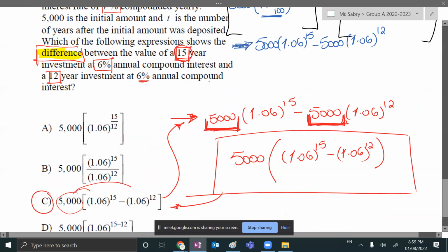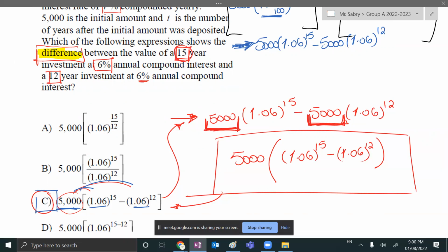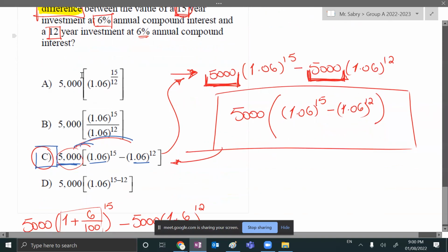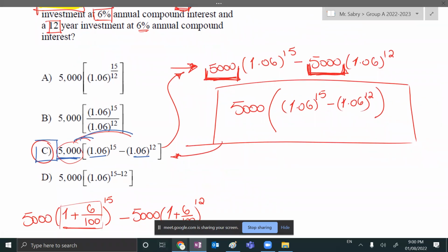But when you look at choice number C, you'll find that this 5,000, once distributed on these two, will look exactly like the answer that you got. So definitely C must be the correct answer. Does that make it easier a bit?